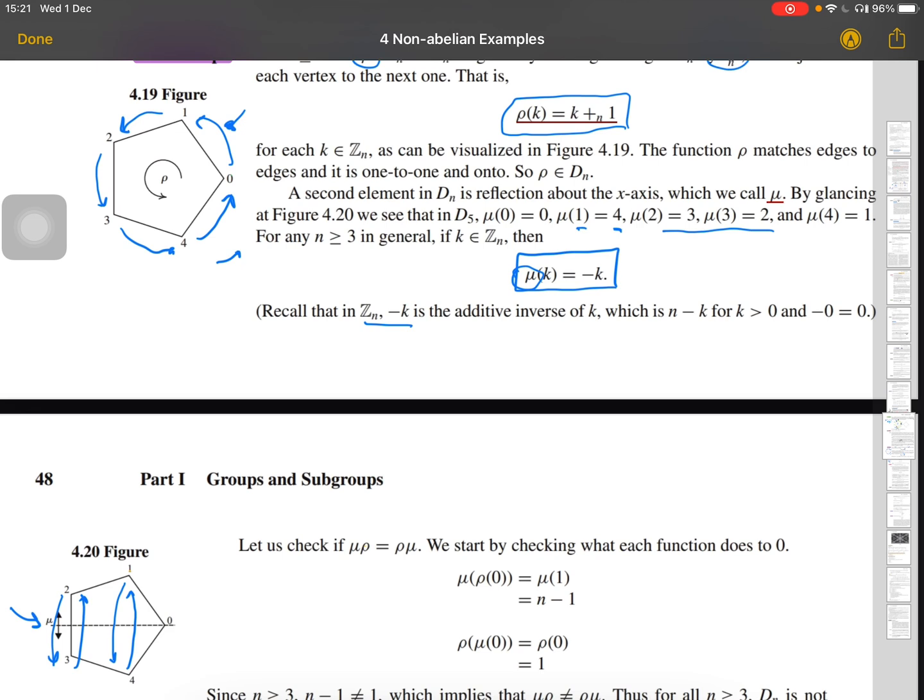In general, it is n minus 1. So you always get n minus 1 for mu rho of 0.